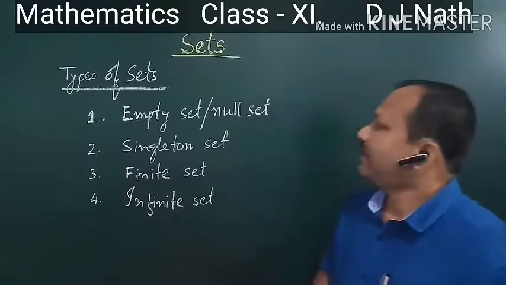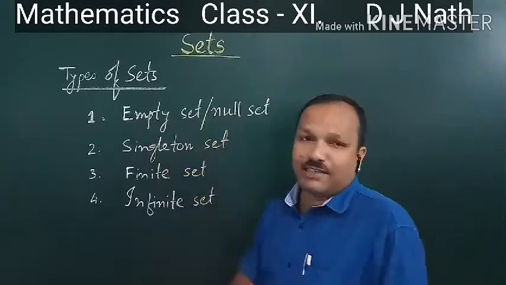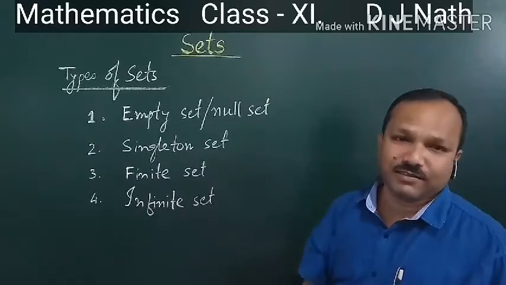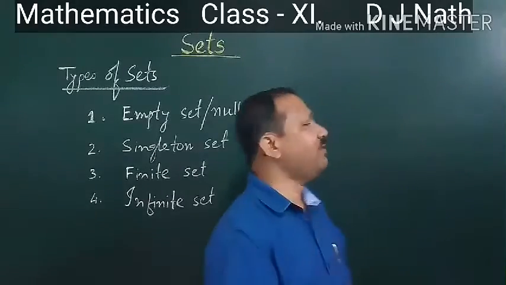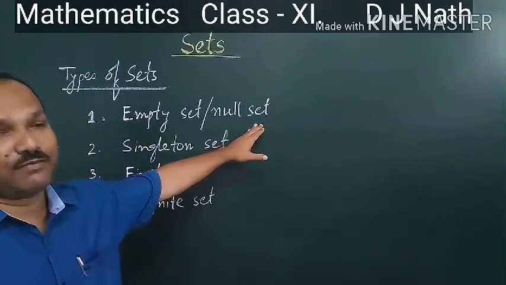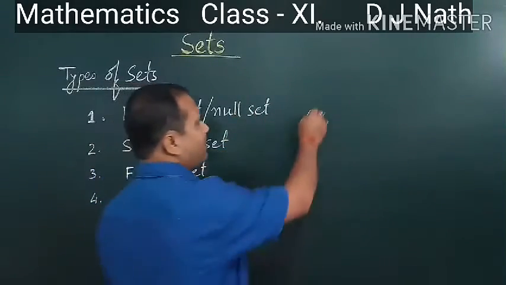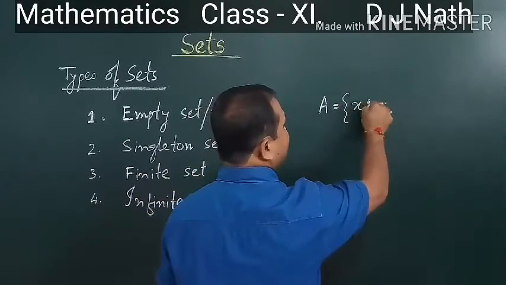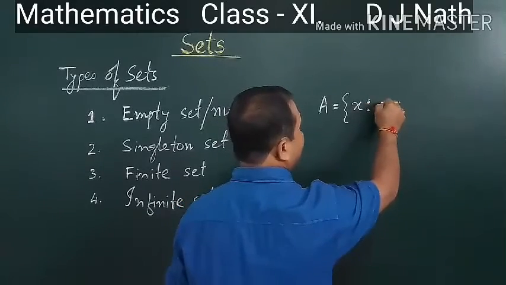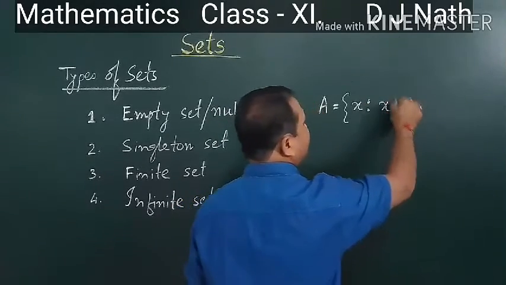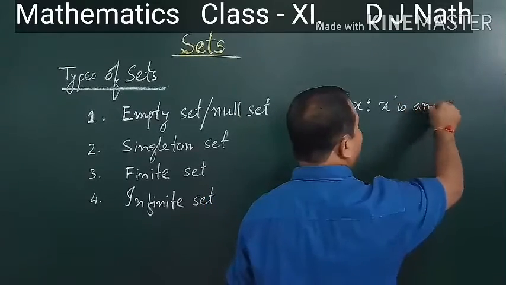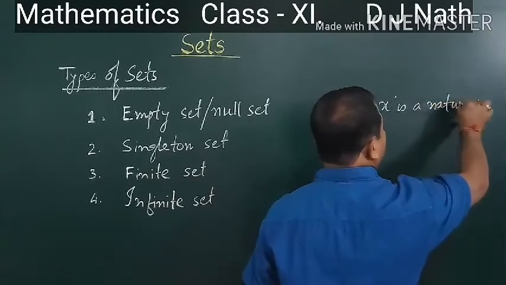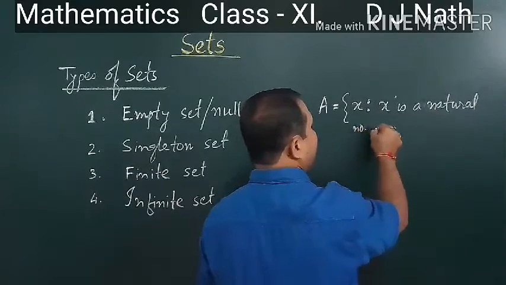So what is an empty set or null set? A set which does not contain any element is called a null set. But it can be a set. If I say the set of X such that X is a natural number less than 1, can you find such a set? Natural numbers are there, we know, but is there any natural number less than 1?